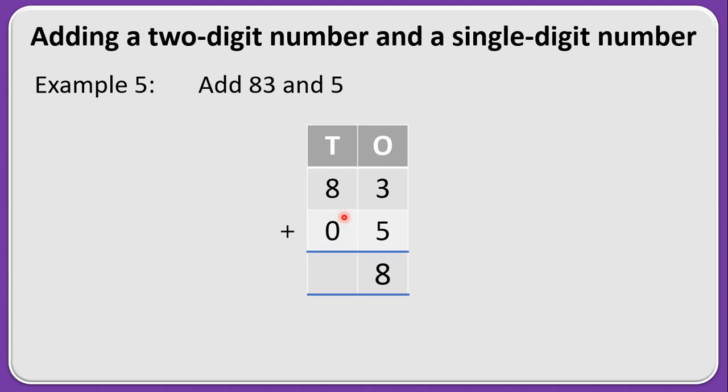We know that when 0 is added to any number, its value will not change. The number remains the same. Therefore, 8 plus 0 is equal to 8. We will write down 8 here. This is how we should add a 2-digit number and a single-digit number.